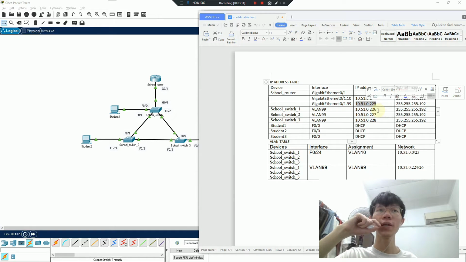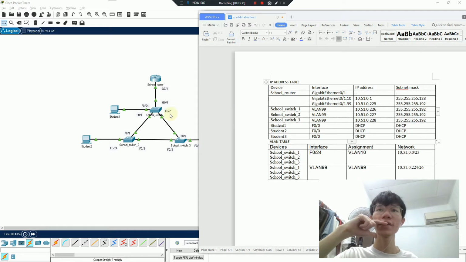Next, the router is connected to the switch by the gigabit Ethernet 0/1 to the 0/1, and on the switch I will enable the SVI, which is the switch virtual interface.